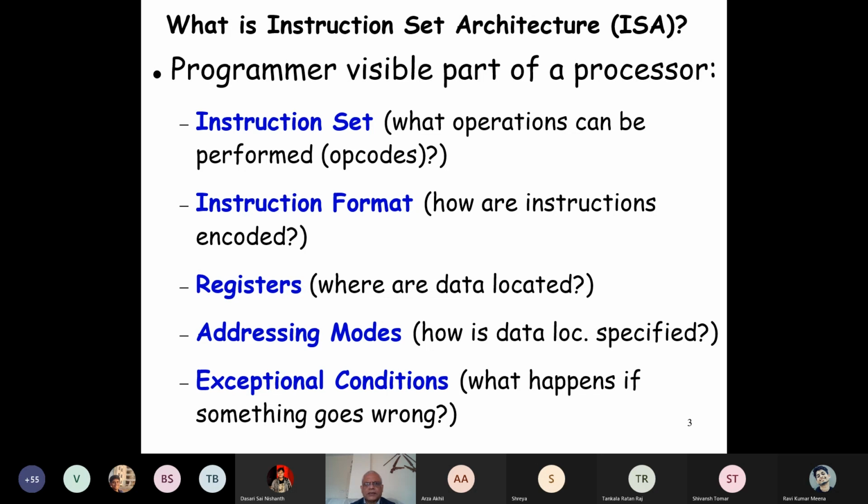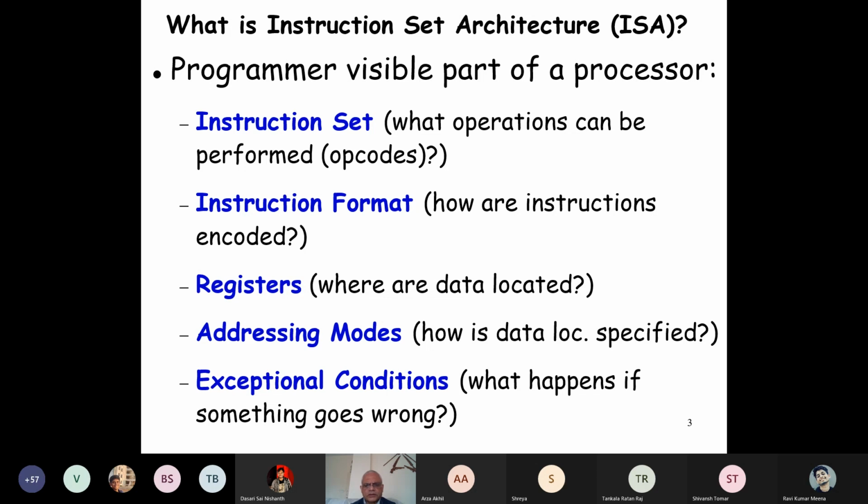But what exactly does the assembly programmer need to know about the processor? The first thing, of course, is the instruction set. What are the operations that are supported by the processor, or in particular, the opcodes supported by the processor? The instruction format, how are the instructions encoded?